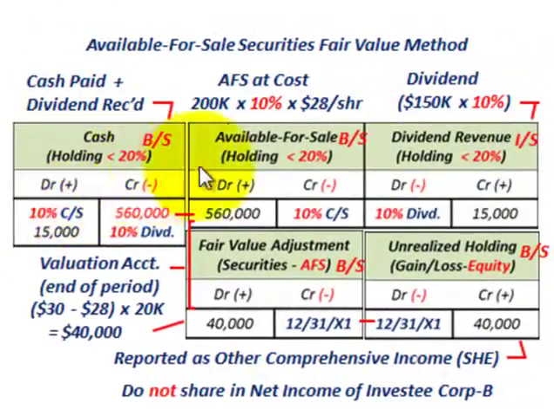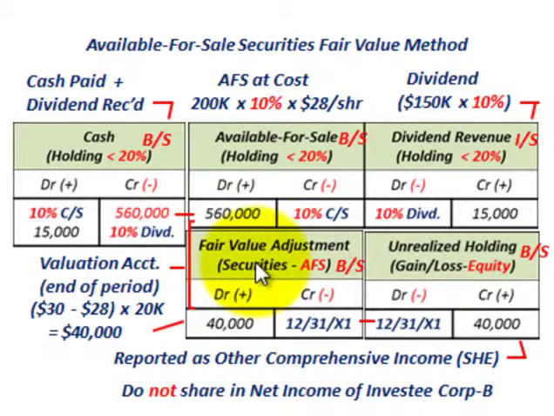Okay, so let's start with the available for sale securities, again using this fair value method. When you're using the fair value method for recording these securities, you're going to have to set up a securities account called available for sale holding securities, and along with that you're going to have to come up with a fair value adjustment account.